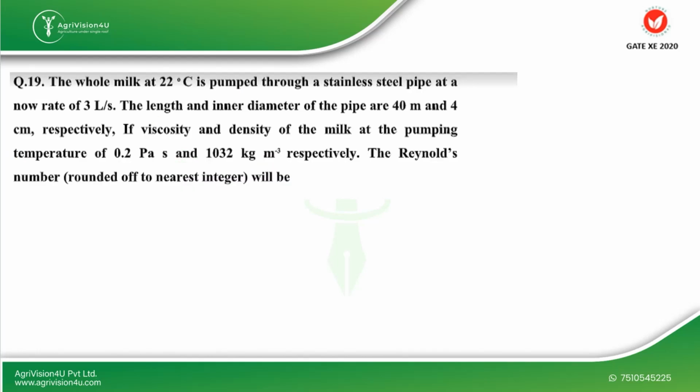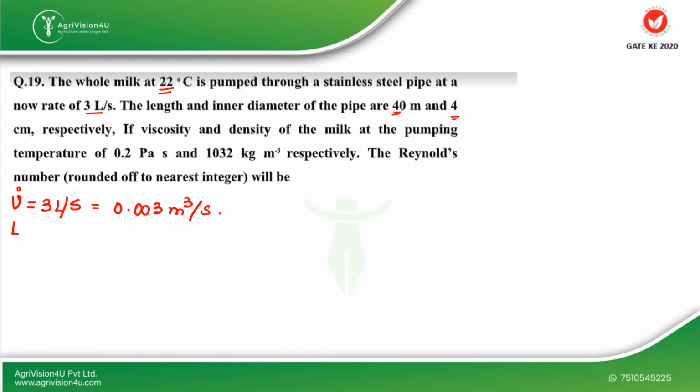Question number 19. Whole milk at 22 degrees Celsius is pumped through a steel pipe at a flow rate of 3 liters per second. So the volumetric flow rate is 3 liters per second, or it can be written as 0.003 meter cube per second. The length and the inner diameter of the pipe are 40 meter and 4 centimeter.